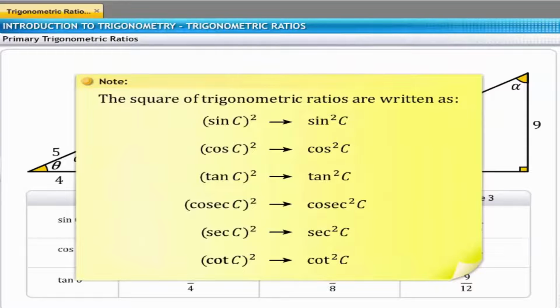An important point to note is that when the square of these ratios is written as sine square C in place of sine C square, this applies for all trigonometric ratios.